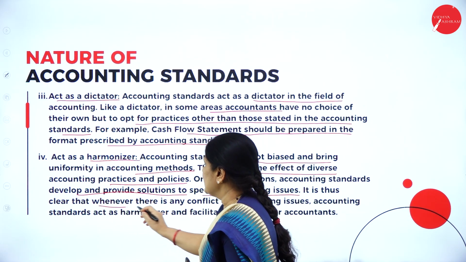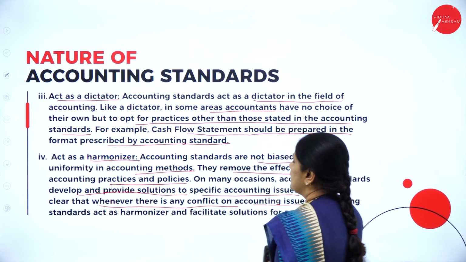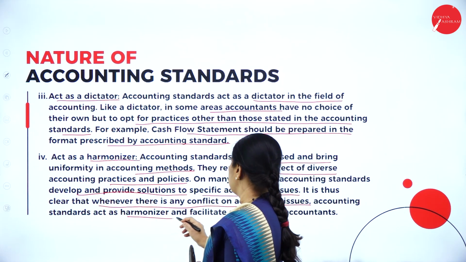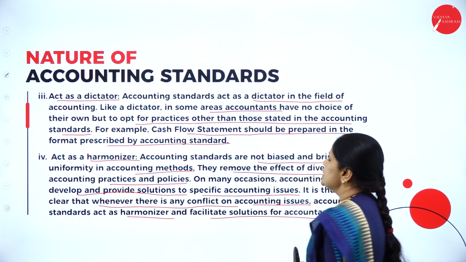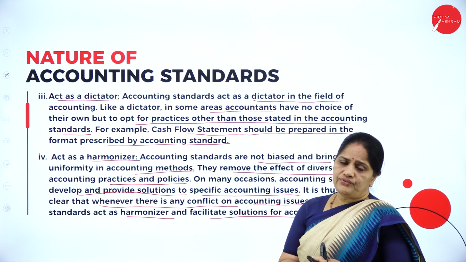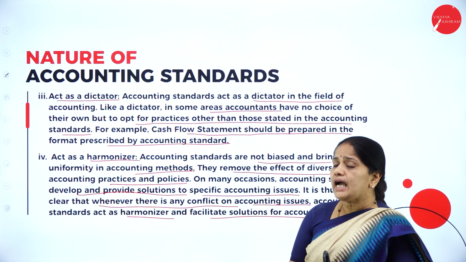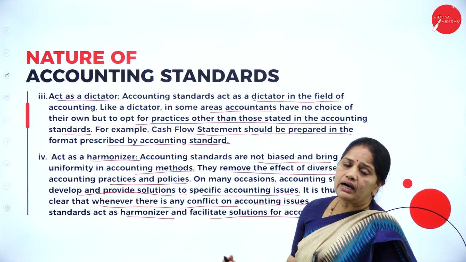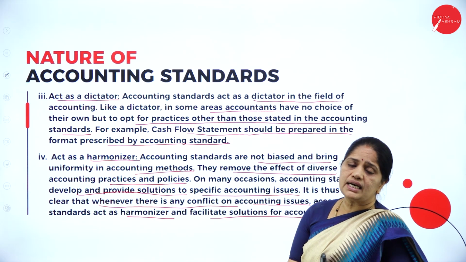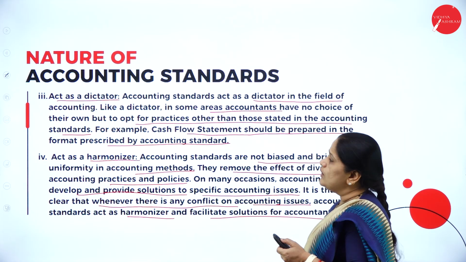It is clear that whenever there is any conflict on accounting issues, it acts as a harmonizer and facilitates solutions for accountants. Whenever the accountants are faced with any issues for which they don't find any answers, these accounting standards offer solutions for any of the problems faced by the accountants.